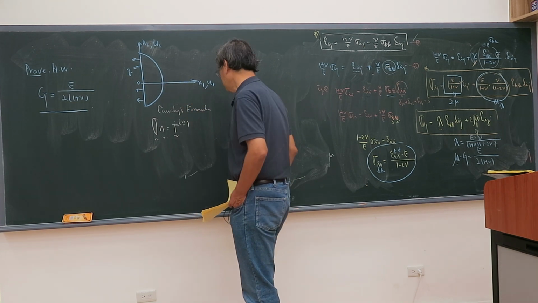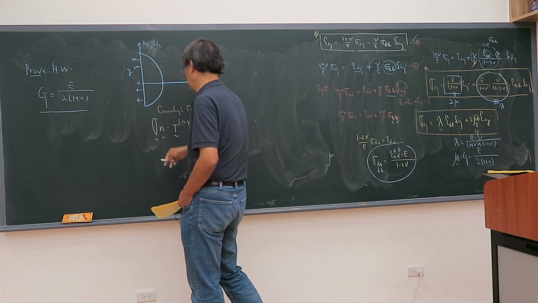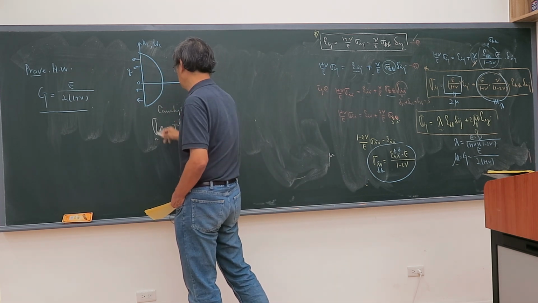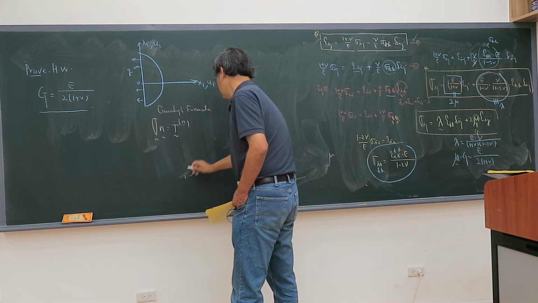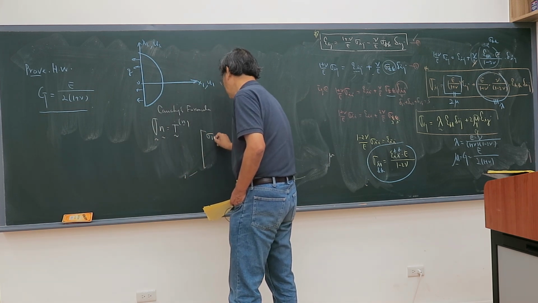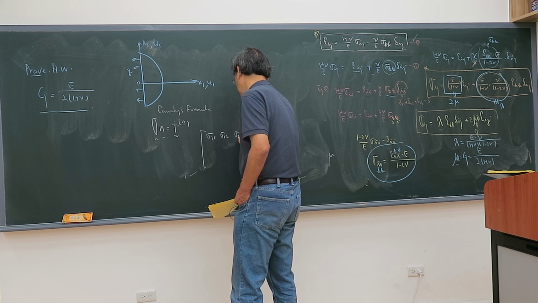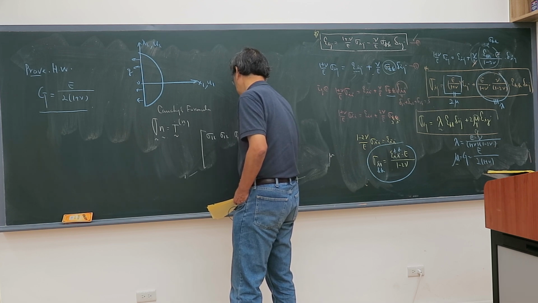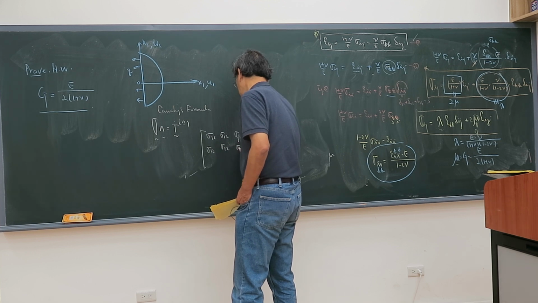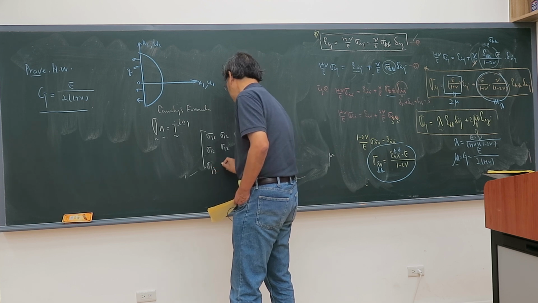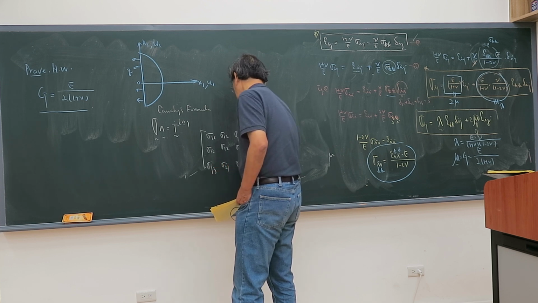And for this boundary condition, I want to change it in terms of stress. So for stress, I have σ11, σ12, σ13, σ12 because of symmetry, σ22, σ23, σ13, σ23, σ33.